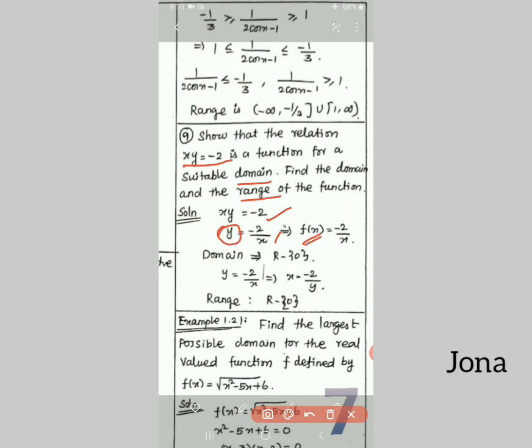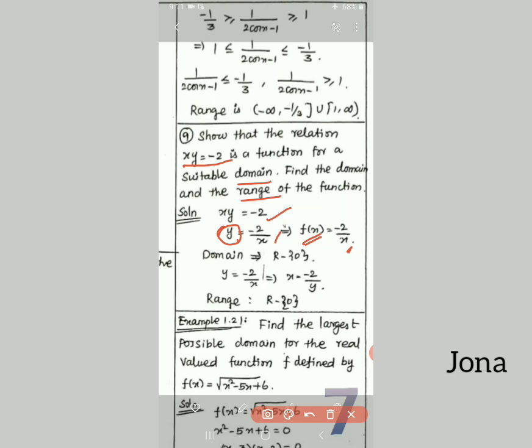Always y is the image of x. So f of x is y. So that instead of y we can write f of x, which is equal to minus 2 by x. Okay, we want to find the domain now. So minus 2 by x, suppose if you substitute the value for x as 0, the value will not be real.